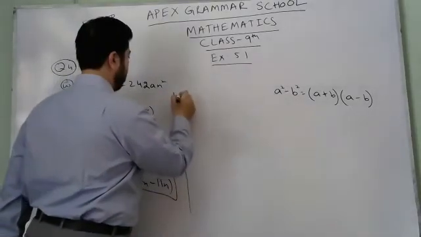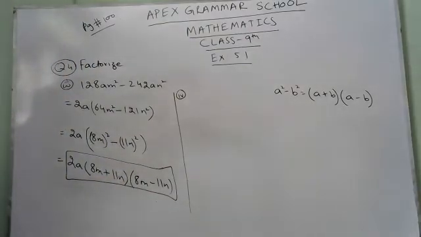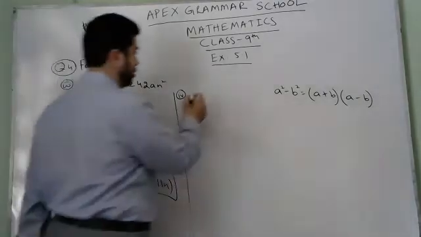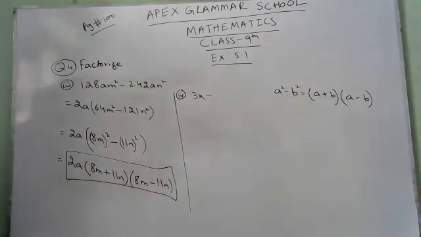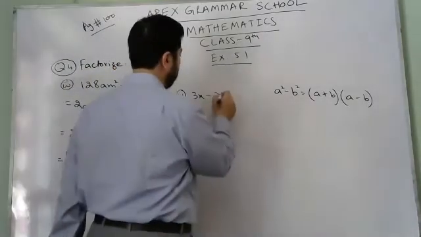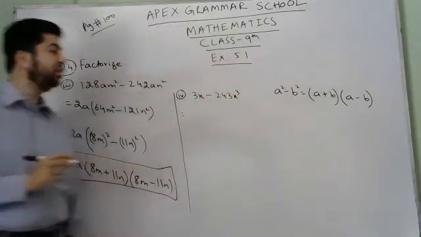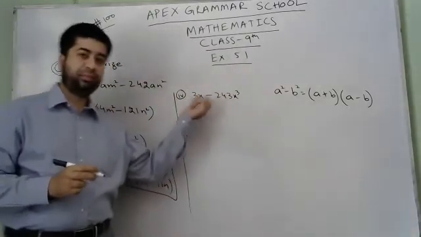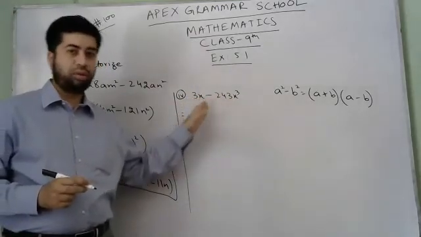Now the last part, part number 4 of exercise 5.1, question number 4, that is 3x minus 243x cubed. Again, you can see what is common here. 3 is common, yes, and x is also common.